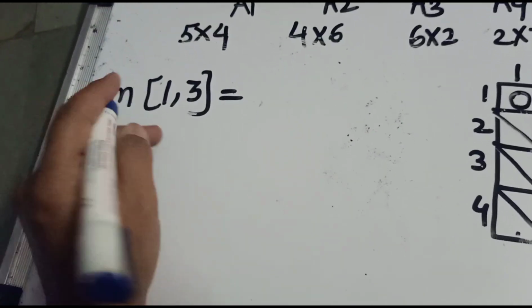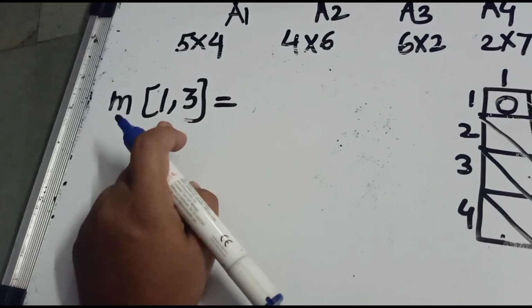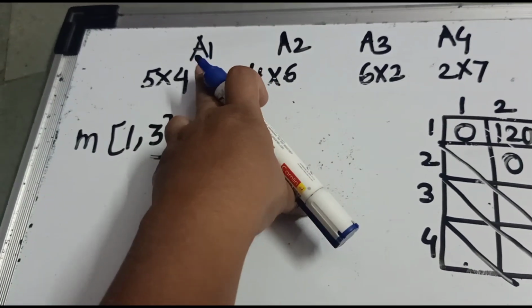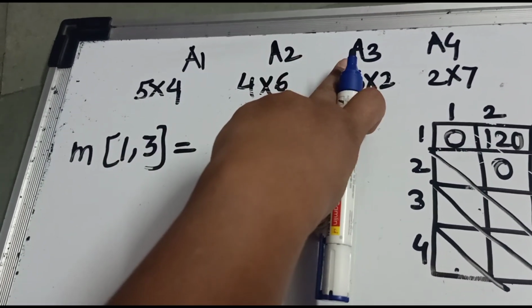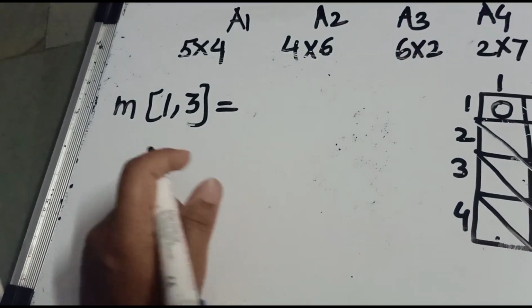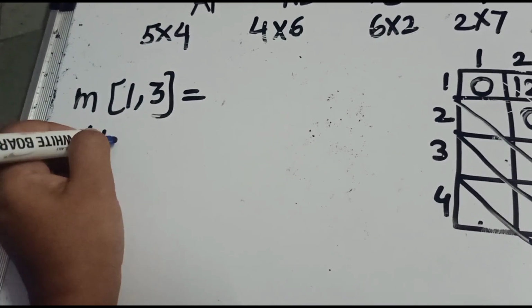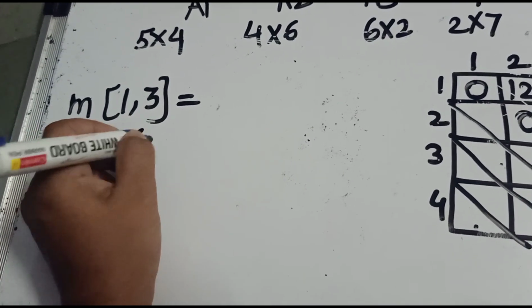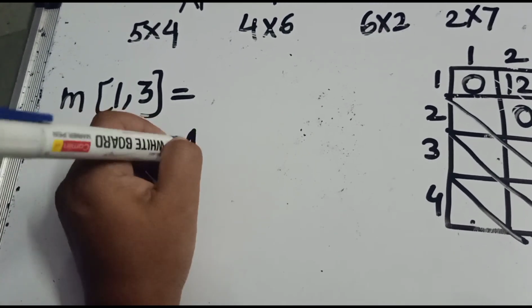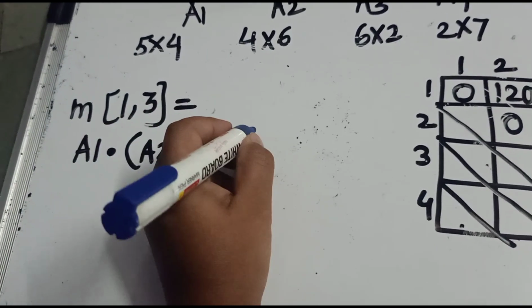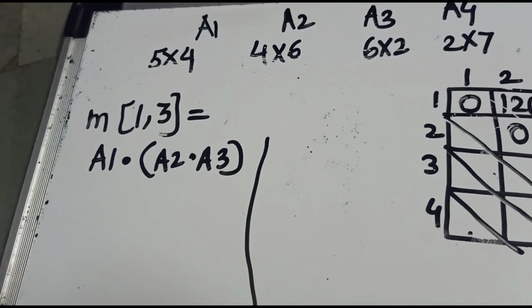Like 1 to 3 means we have to find the multiplication of matrices A1, A2 and A3 together. So what we need to do is first think about the possibilities. The first possibility can be A1, and in parenthesis A2 and A3. We had already discussed this in the previous video.